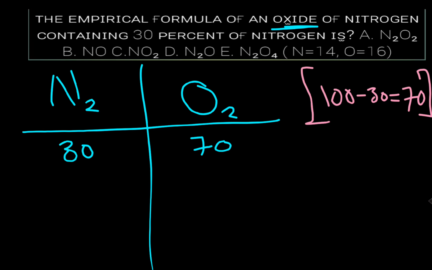And the atomic mass of nitrogen is 14, so we'd say over 14. And that of oxygen is 16, so I'm just going to say 16.